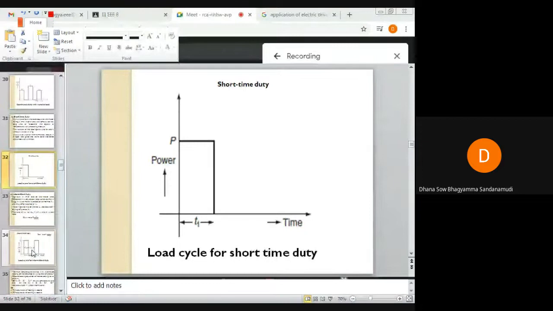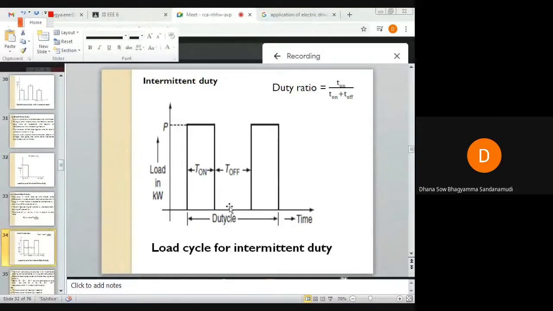Next one is intermittent duty. After short time duty, let us discuss intermittent duty. It is the duty in which the load on the motor will vary periodically in a sequence of identical cycles.